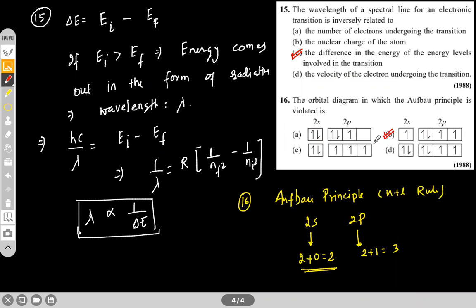Hence, all the orbitals must have one electron present in them. If you see this 2p, 1, 1, and 1 should be there. So this orbital is paired here. So this one does not follow Hund's rule.